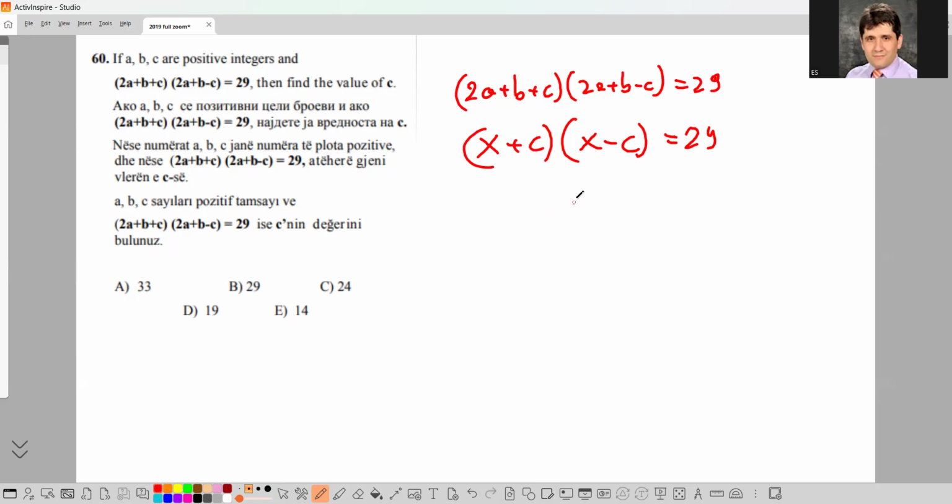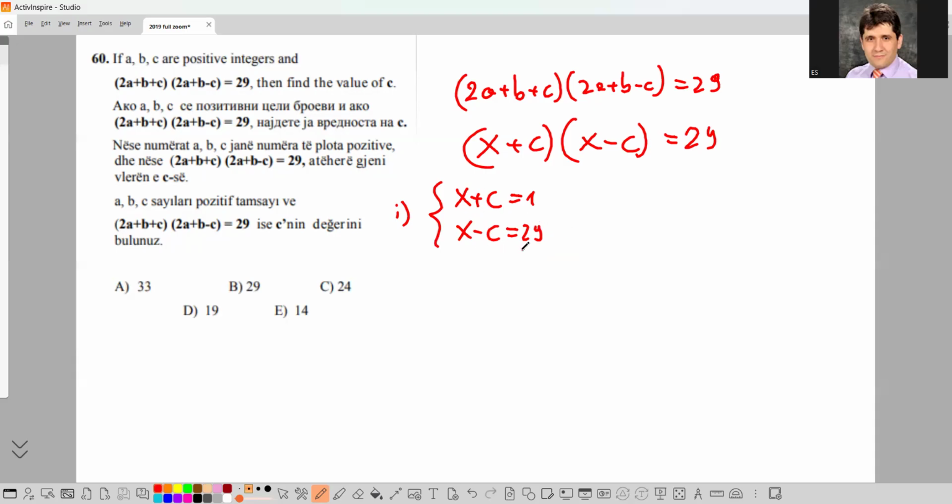So we have two options. Because the first number is again a natural one, the second one must be positive. It cannot be negative. If it's negative, then the number should be negative 29. Either x plus c is 1 and x minus c is 29, one option, or option 2, which we'll see later.